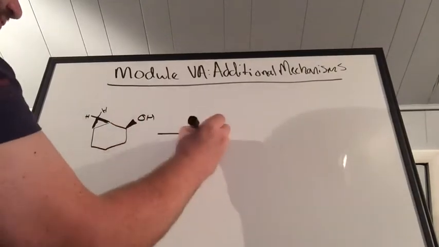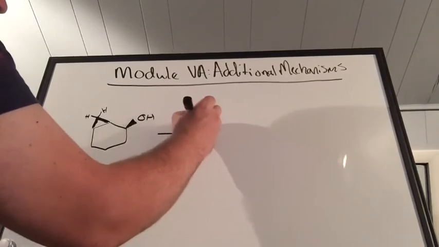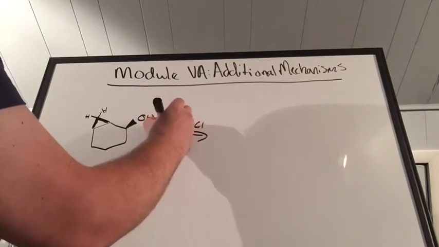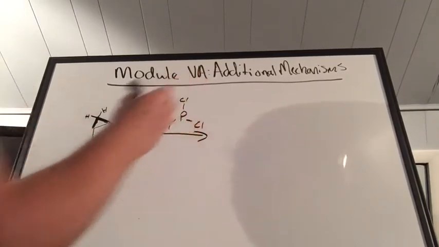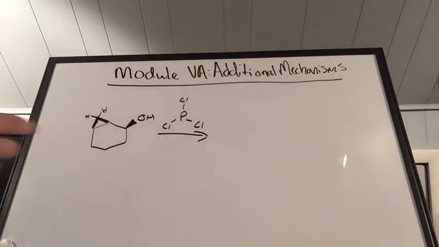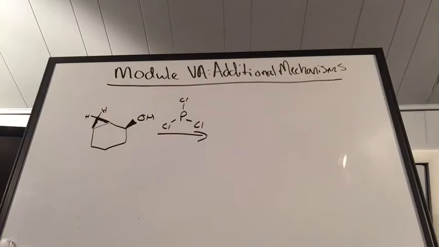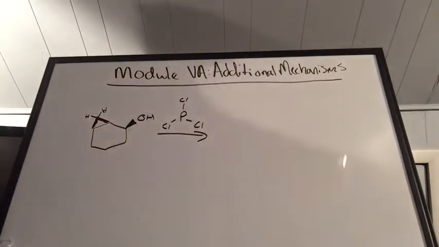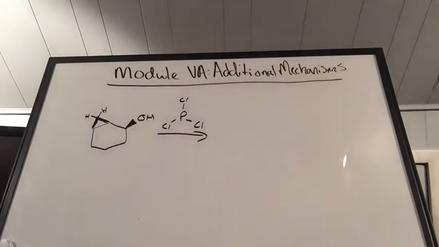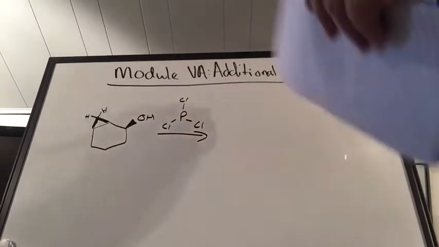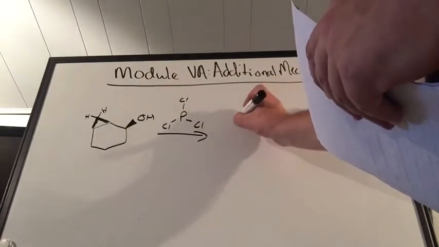We're going to treat this with PCl3, which I will forget the lone pairs, but just note that that phosphorus in the middle is getting electrons tugged away from it by the chloro groups. Okay, so we're going to have this as our product.